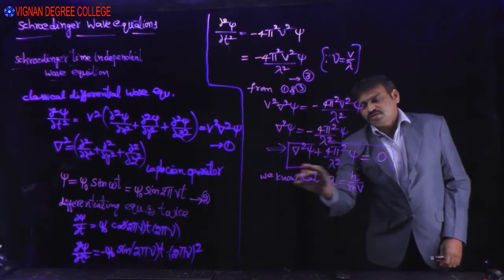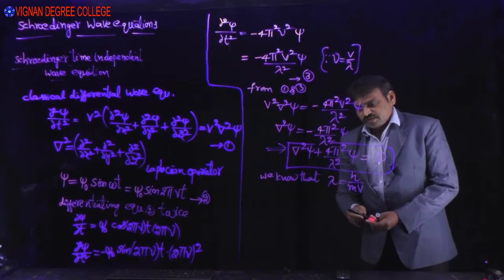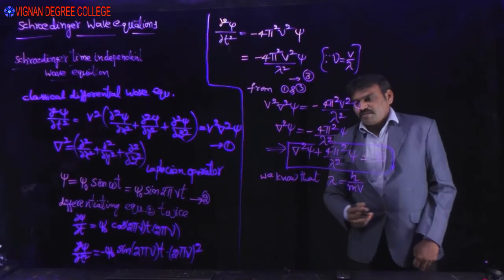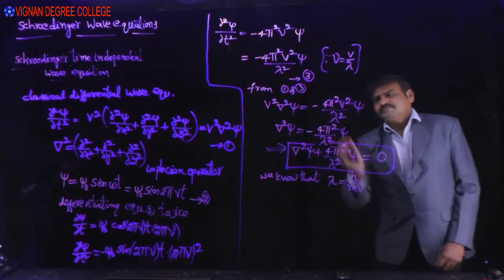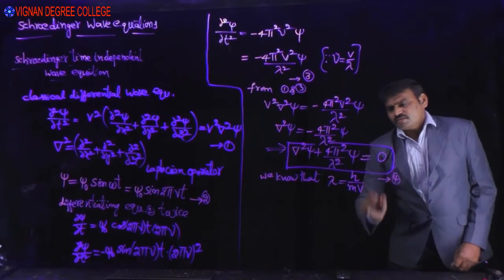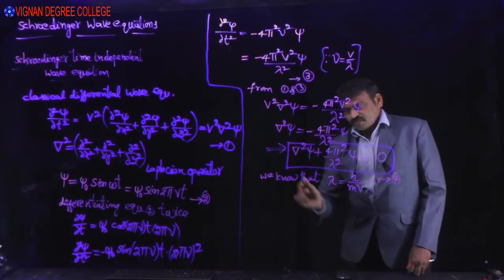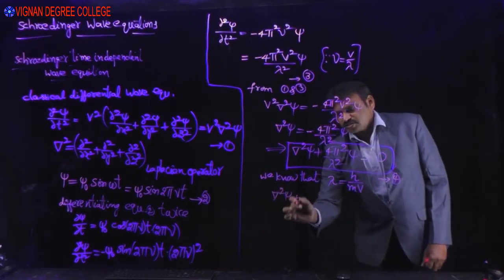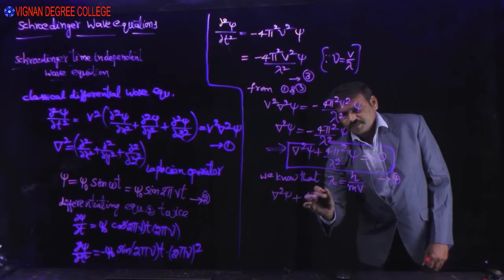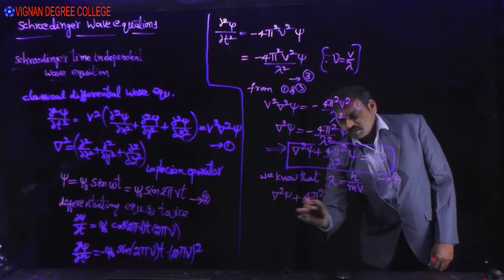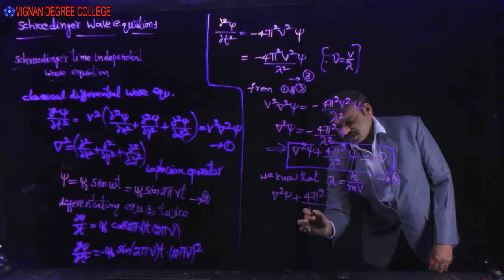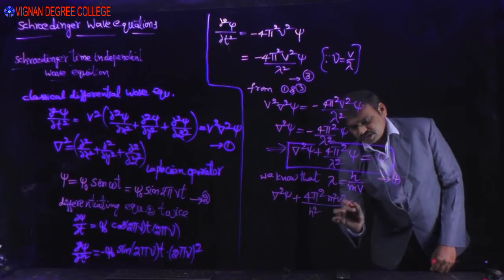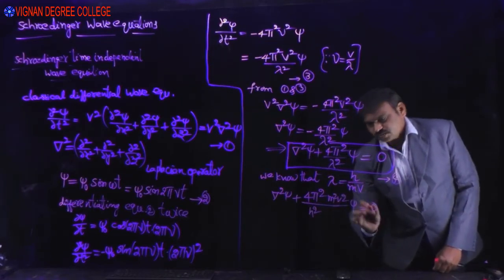Substitute this in the place of lambda, then the equation becomes del square psi plus 4 pi square by lambda square, that means h square by m square v square, psi. This is equal to 0.